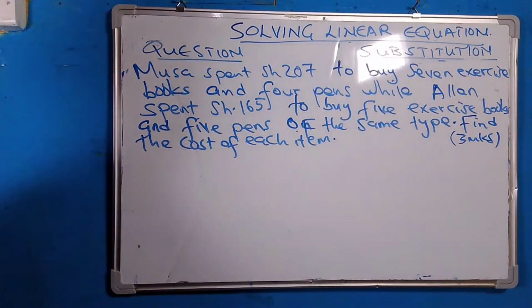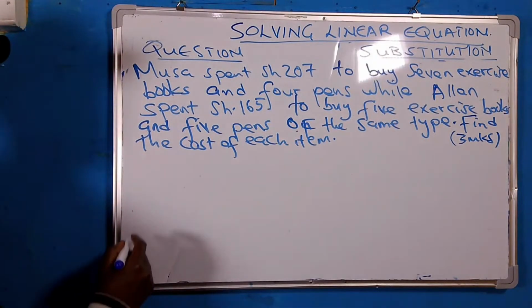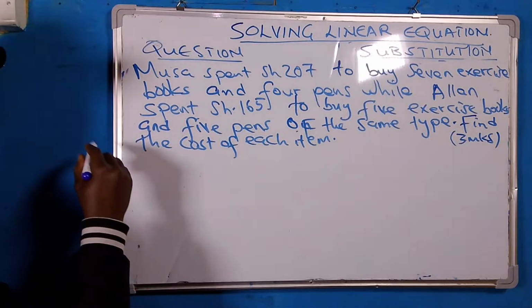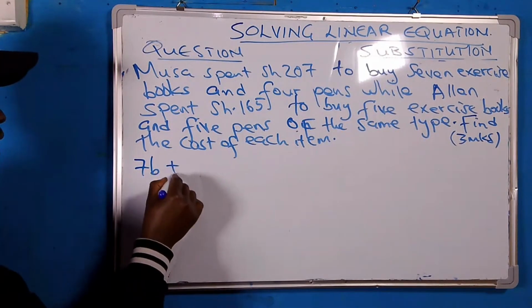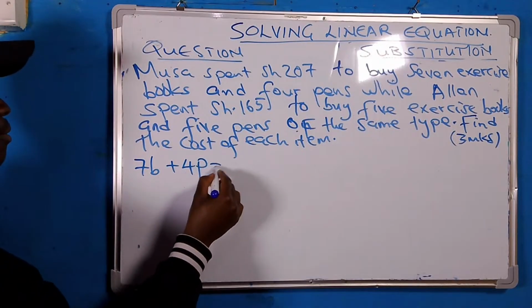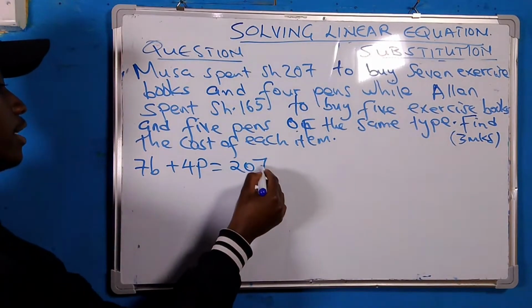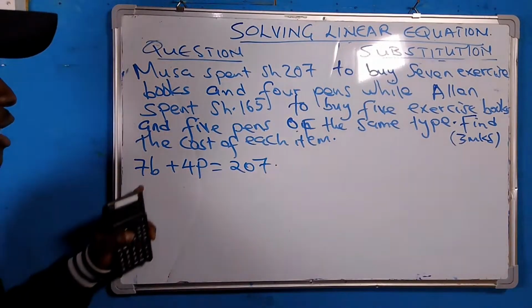We are told Musa spent 207 shillings to buy 7 exercise books and 4 pens.